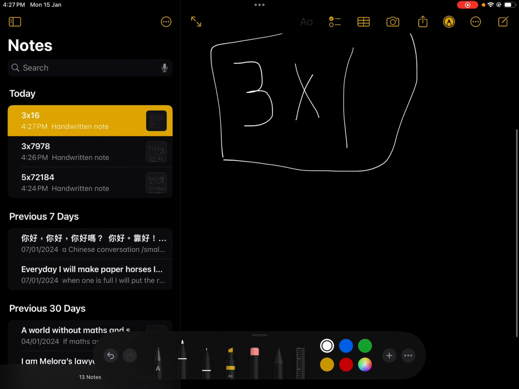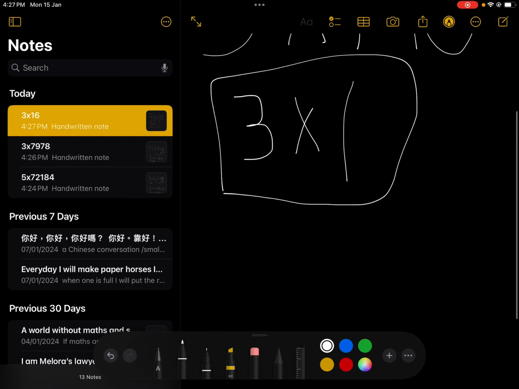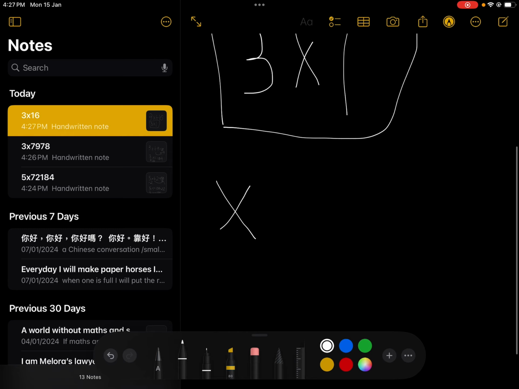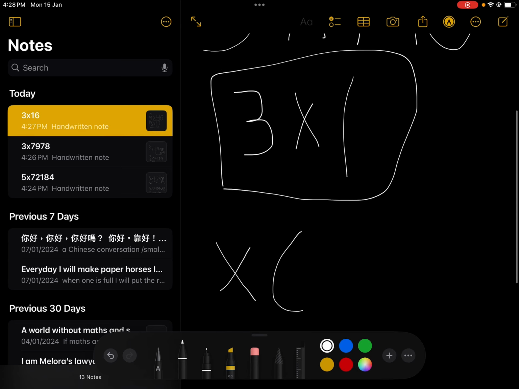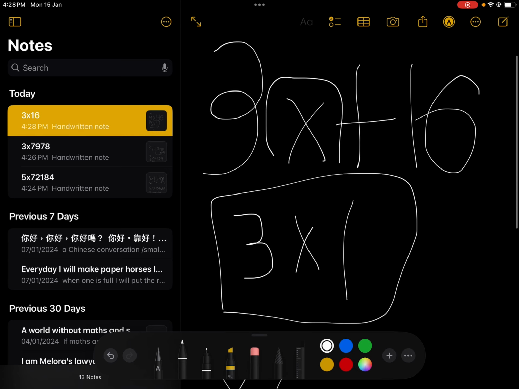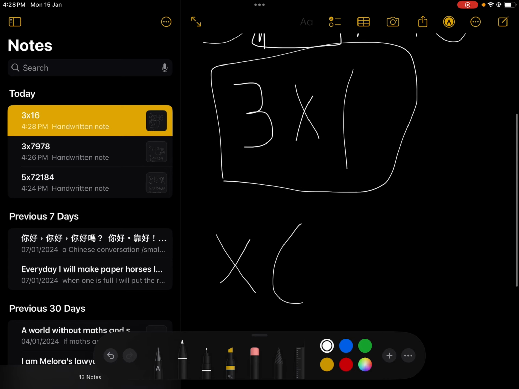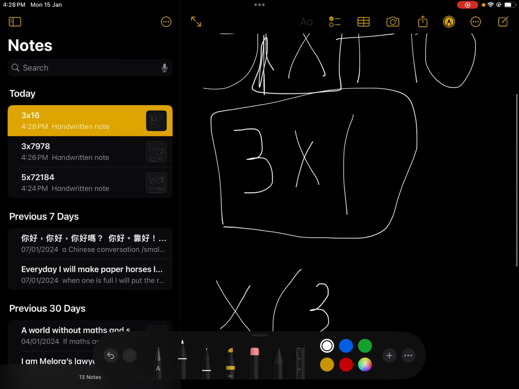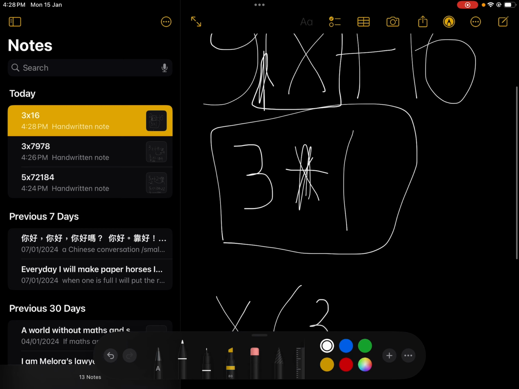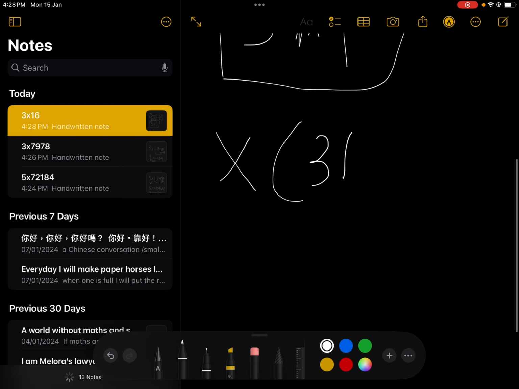So we're going to write x, and we're writing x because x is here. So we're going to write x, bracket 3, and then it's positive, so you'll get plus.